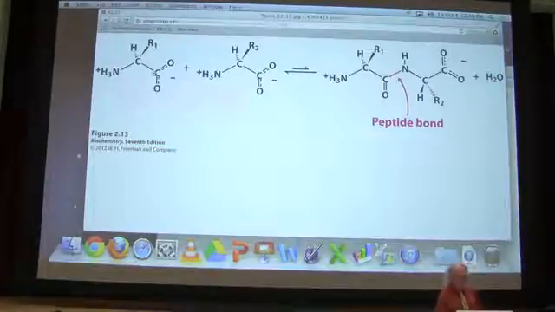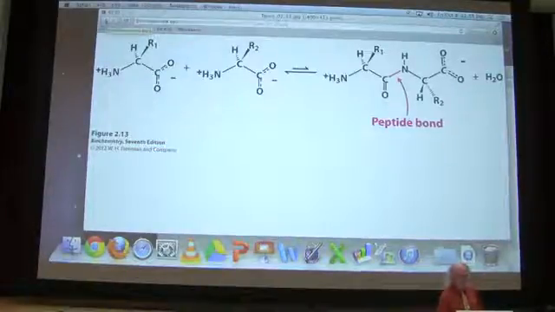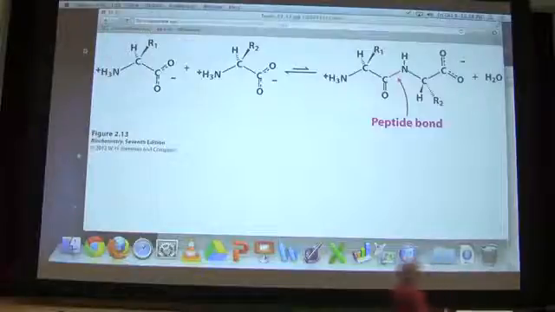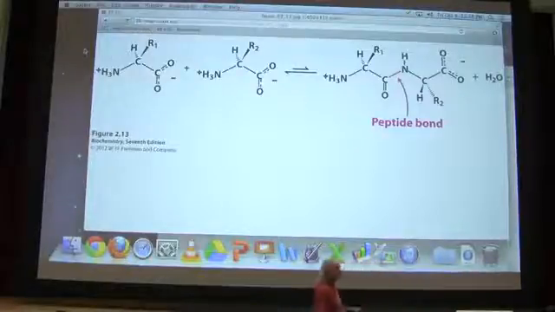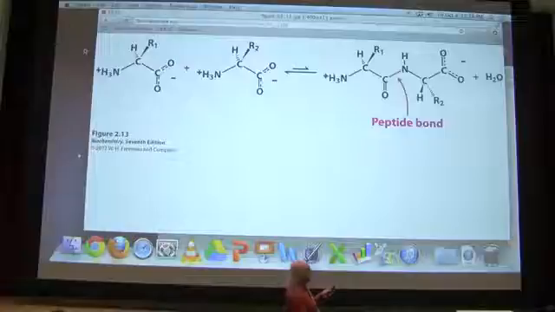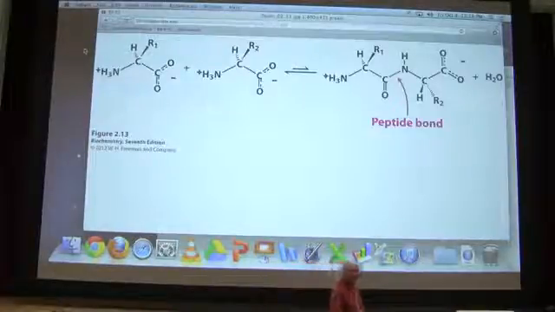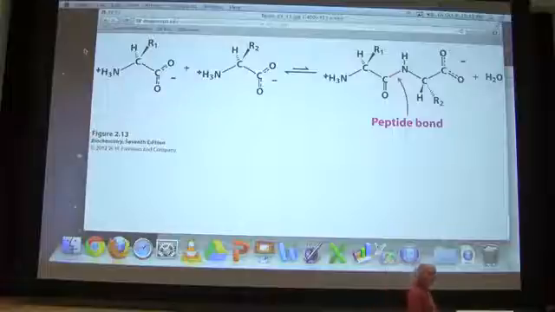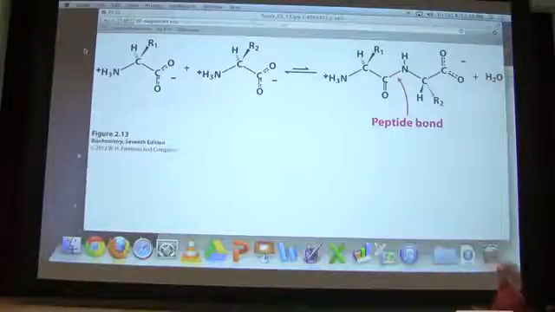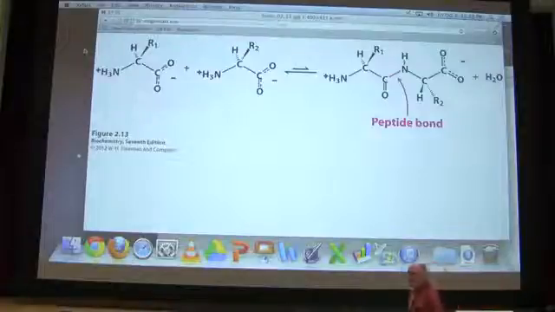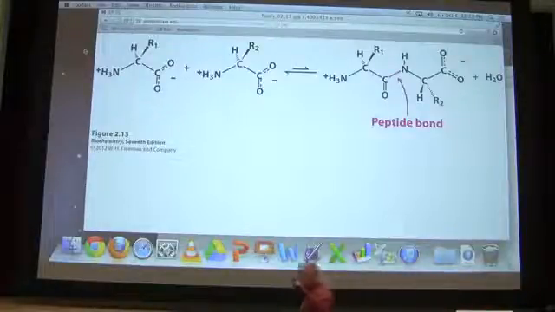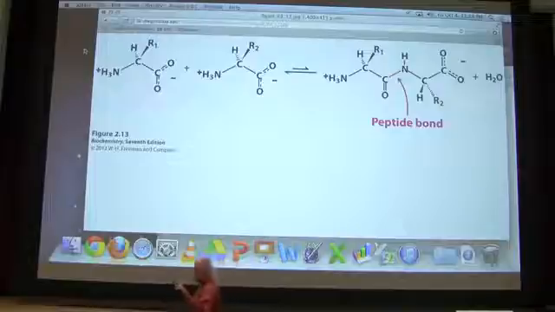One other thing I should point out. When the next amino acid is added, it will be added on this end, and this carboxyl will join to the next alpha amino group. That's very important because it means that when we look at a protein, we can always determine that it has two different ends.